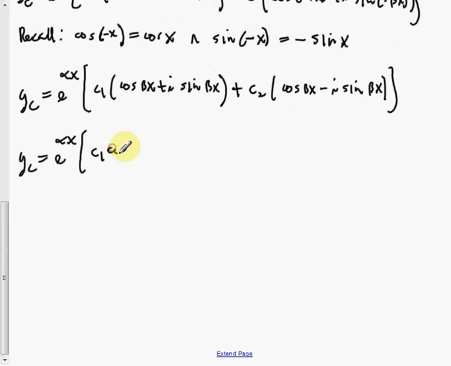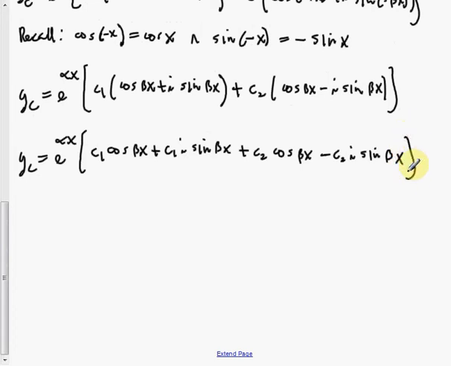So this is c sub 1 times cosine beta x plus c sub 1 times i sine beta x, excuse me, I am using beta and alpha, I'm sorry, so it's beta. Then this is plus c sub 2 times cosine beta x minus c sub 2 times i sine beta x.